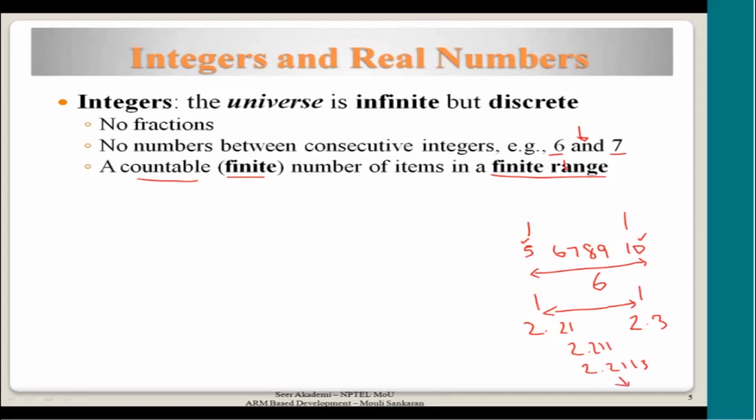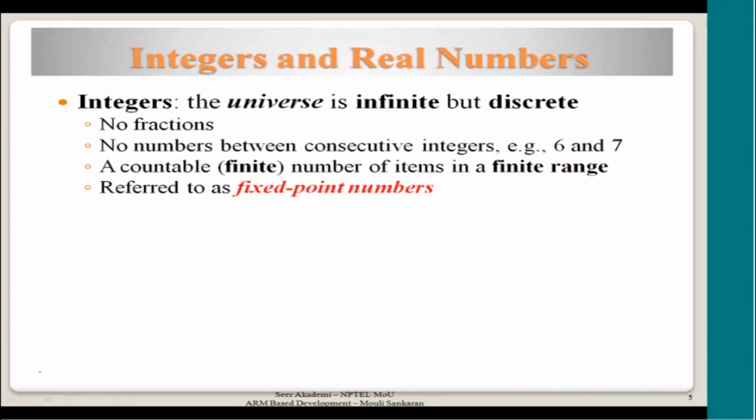Okay, the number of these numbers between these two is infinite, correct? So it's not countable. That's what we are going to talk about in this class. How do we handle these numbers in a computer?